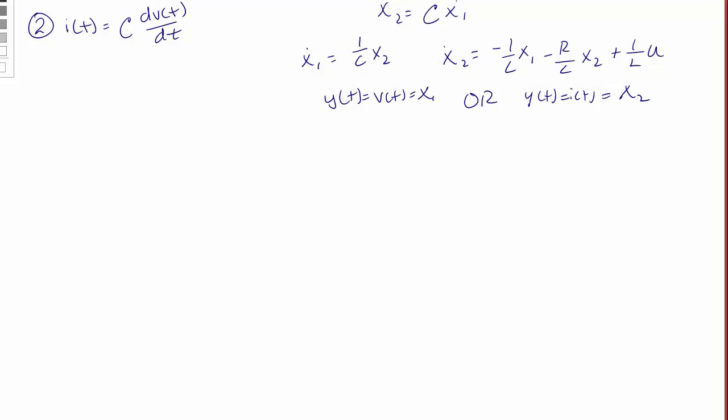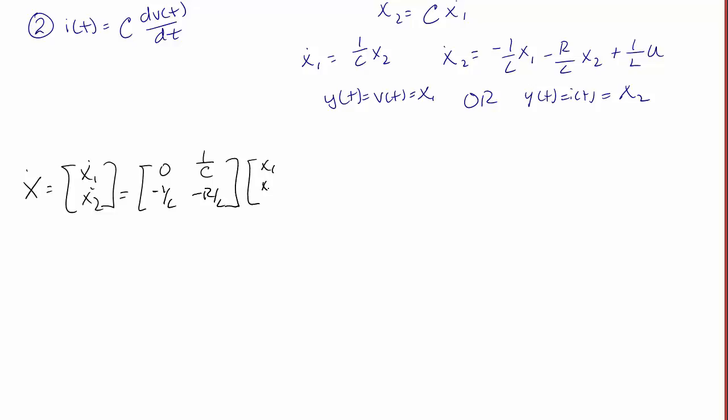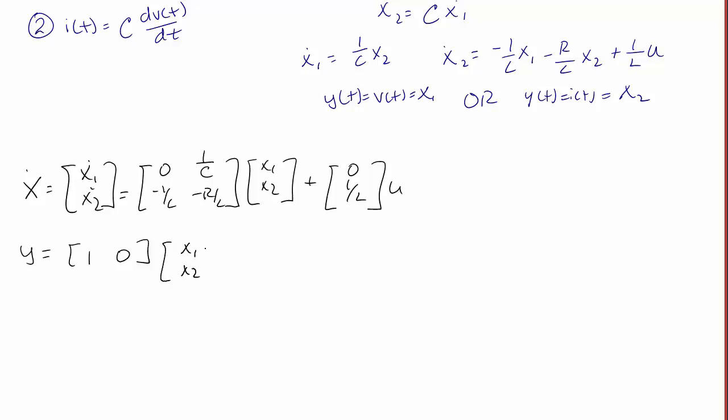So the system equations are x dot, which equals x1 dot and x2 dot, is equal to 0, 1 over C, negative 1 over L, negative R over L, times x1, x2, plus 0, 1 over L, U. And if Y is equal to x1, then the C matrix is 1, 0 times x1, x2.